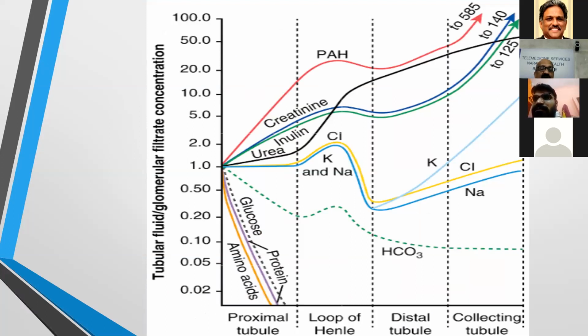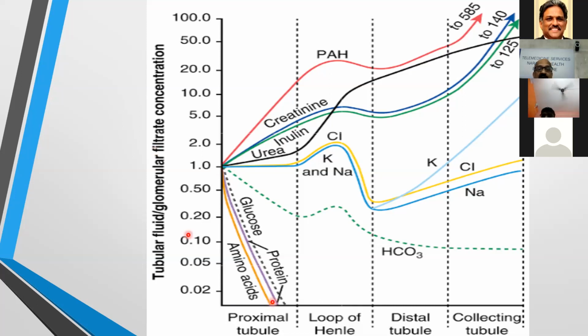If 1.0 is taken as the concentration of the substance in the tubular fluid and the blood being equal to each other, as you go down the collecting tubule, the urea concentration increases, the creatinine concentration increases, para-aminohippuric acid, if you give it, increases, but the concentrations of sodium, potassium, and chloride are almost the same, while glucose, proteins, and amino acids drastically fall because of the reabsorption within the proximal tubule.